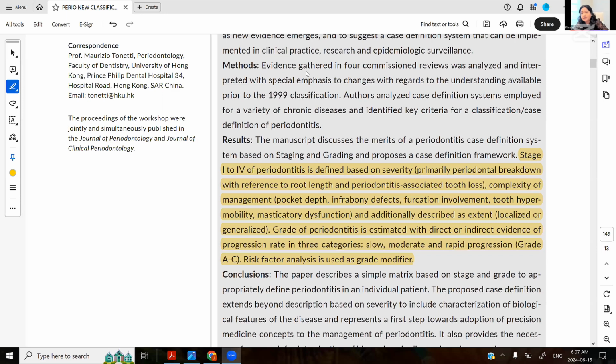Now, the grade of periodontitis is estimated by the direct or indirect evidence of progression rate. So it can be slow, moderate, and rapid progression, right? And when you are assessing the patient and see the severity, then you also need to know how rapidly or slowly or moderately it is progressing, right?